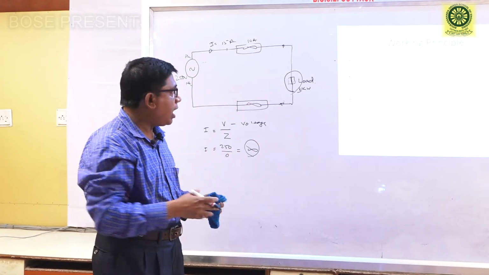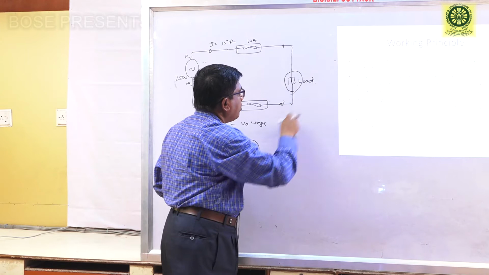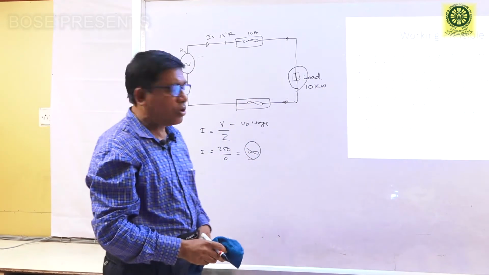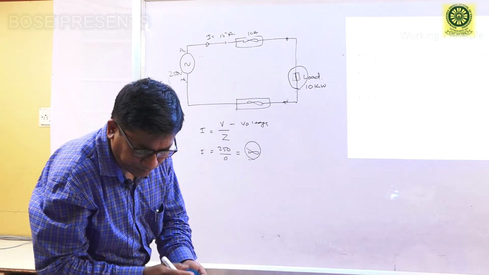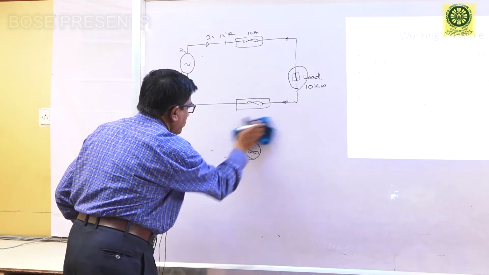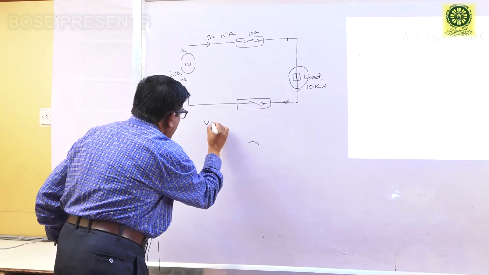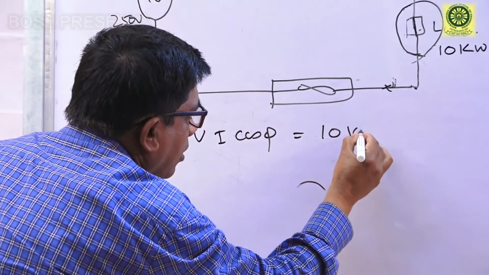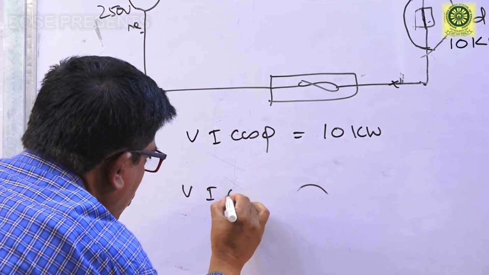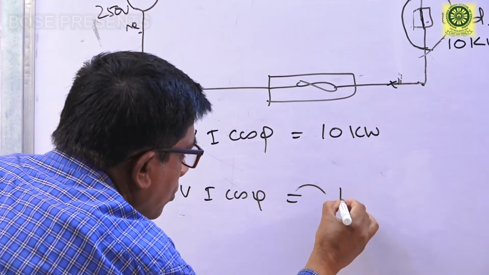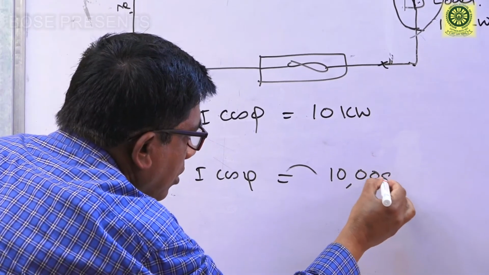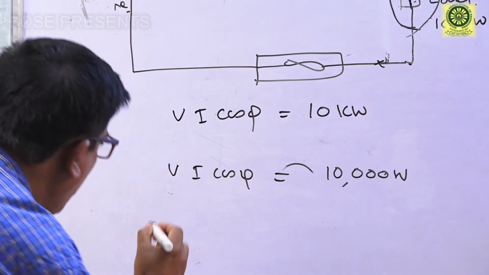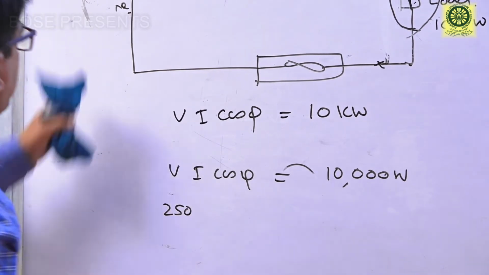For example, I will connect a 10 kilowatt load here. So what is the current? VI cos phi is your 10 kilowatt, or I can write VI cos phi is equal to 10,000 watt. What is the voltage? The voltage is 250, the domestic voltage.